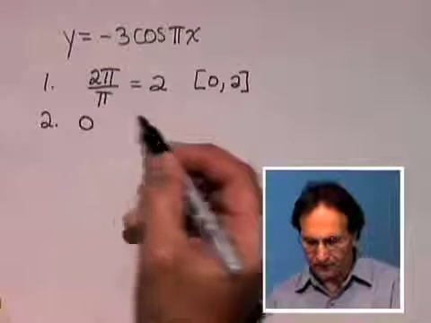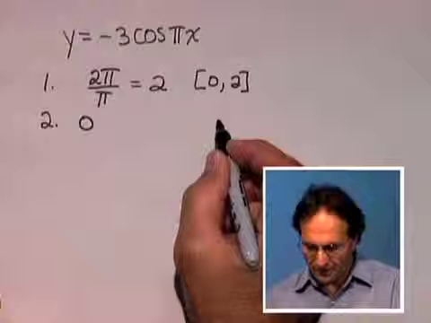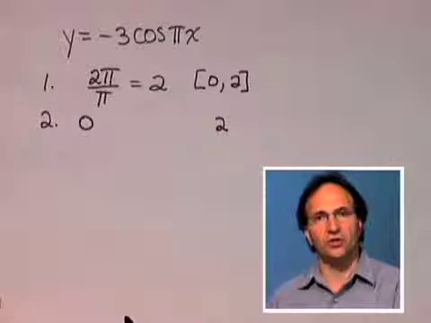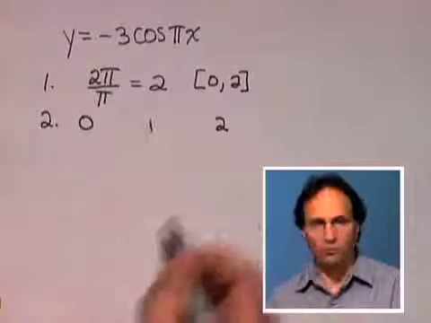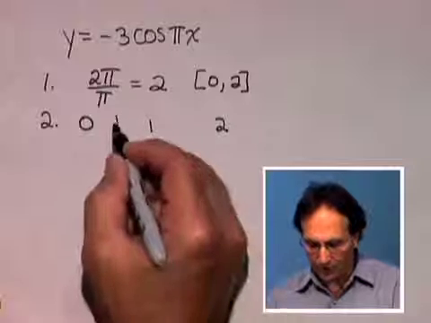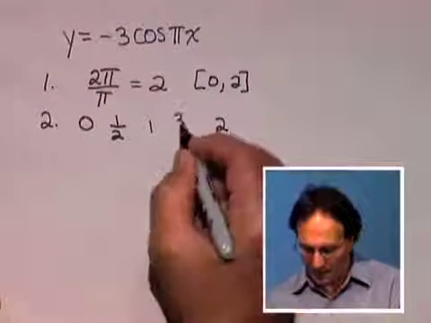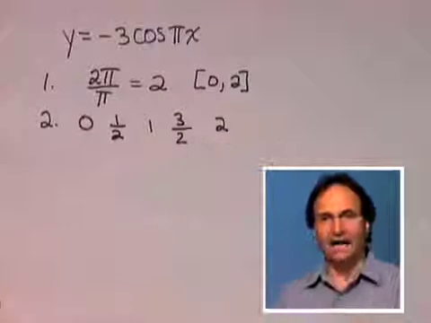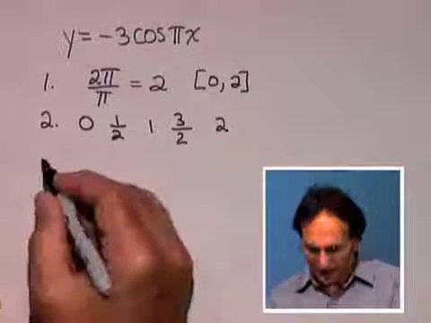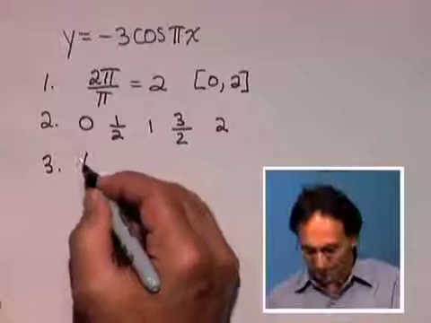So the beginning is 0, the end is 2, halfway would be 1, 1/4 of the way would be a half, and 3/4 of the way is 3 halves. Step 3 is to make a table.